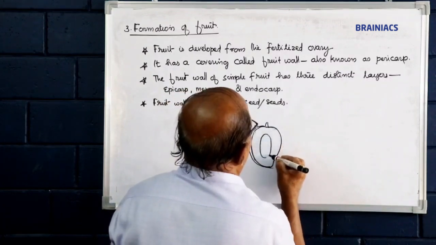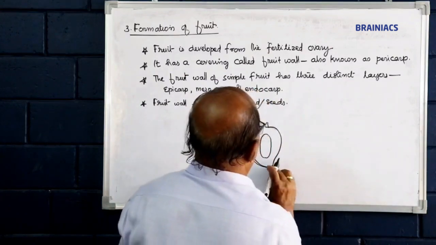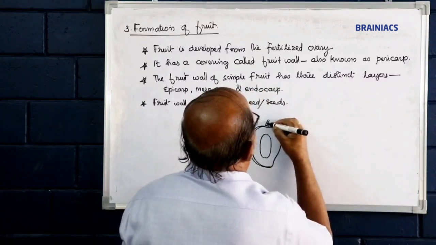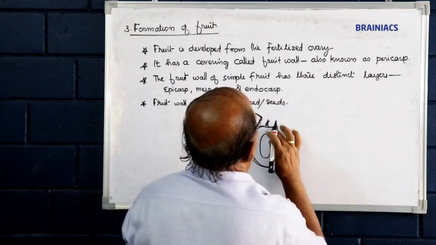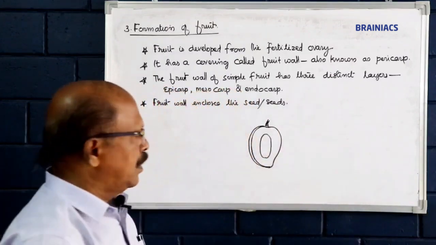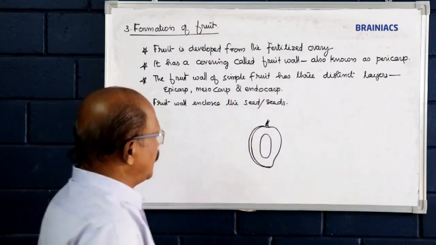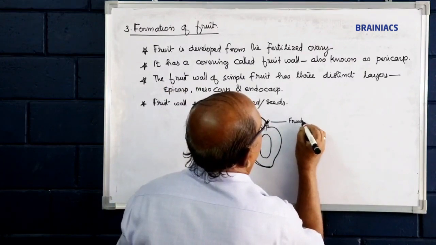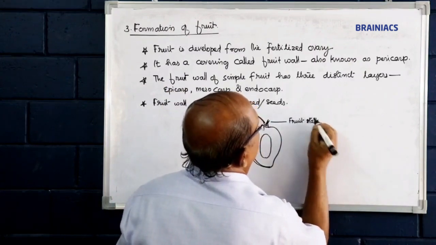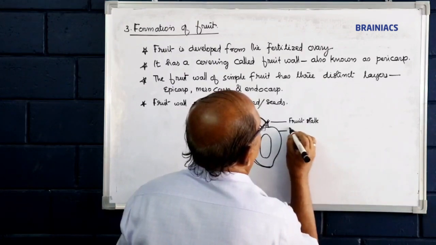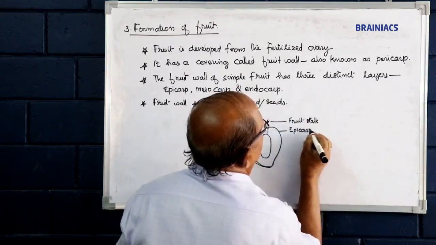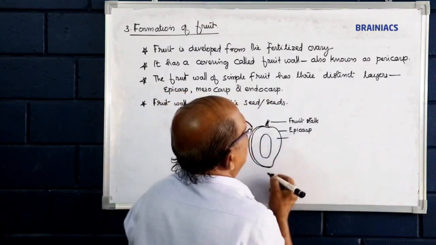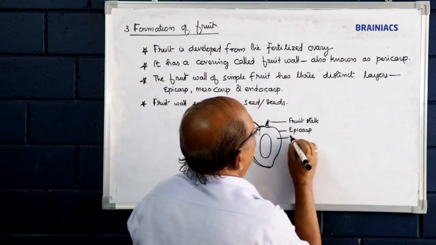Suppose a longitudinal section of a mango fruit, to identify the parts. This is the fruit stalk. Epicarp, the skin of the fruit wall. This is the thin, membranous and fleshy mesocarp which is edible.